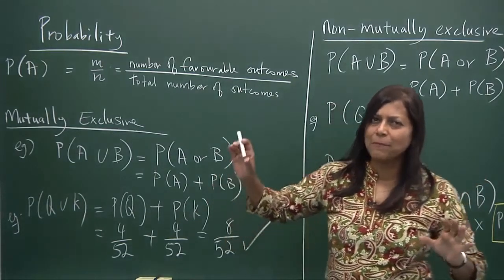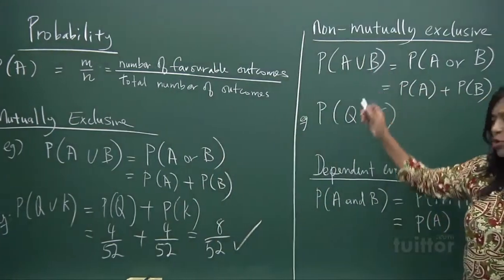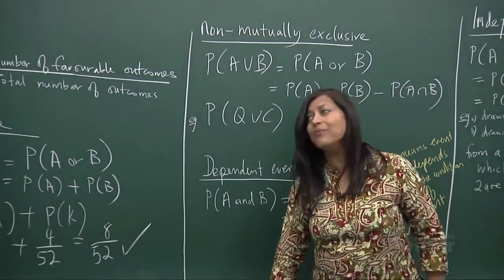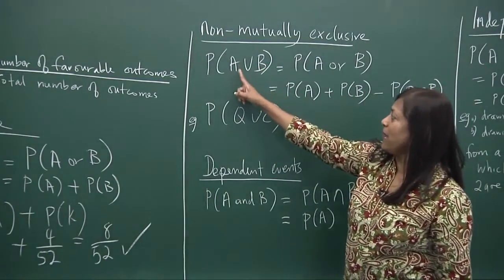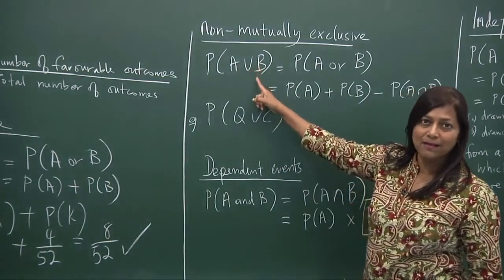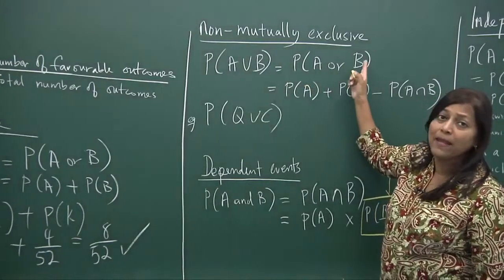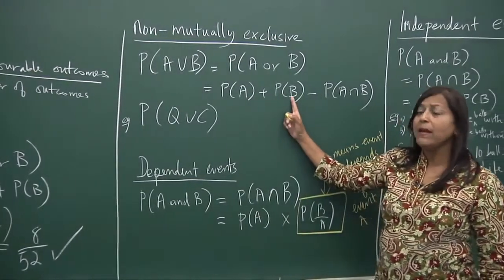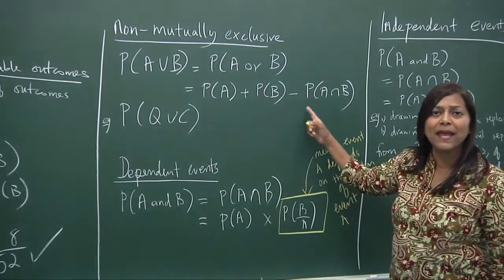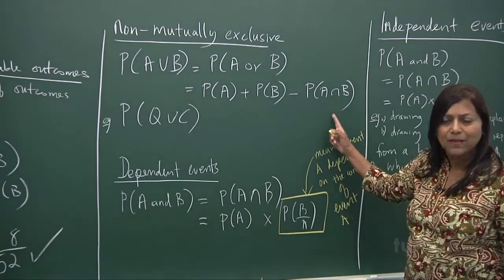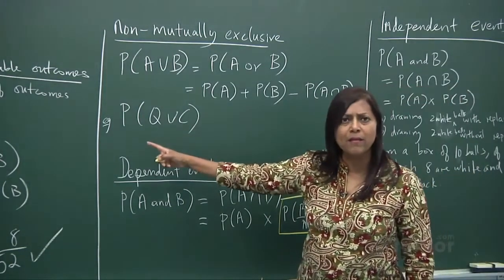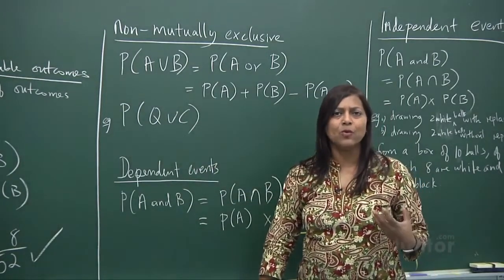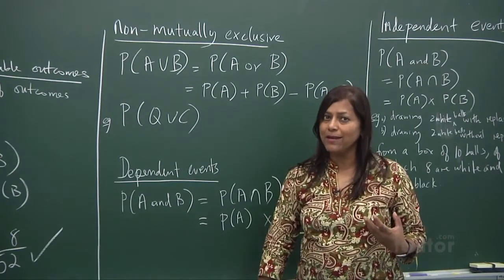I'm going to go a little bit deeper here to non-mutually exclusive. When you say the word non-mutually exclusive, it means the probability of A union B, the probability of A or B, is the probability of A plus the probability of B minus the probability of A intersect B. Now when I talk about a probability of a queen or a club, because in a club you can also have a queen.